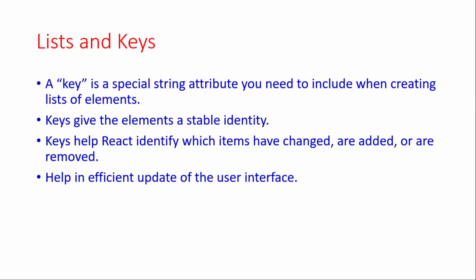Now we are in a position to recap and summarize lists and keys. So what is a key? A key is a special string attribute you need to include when creating a list of elements, and keys give the elements a stable identity. Keys help React identify which items have changed.